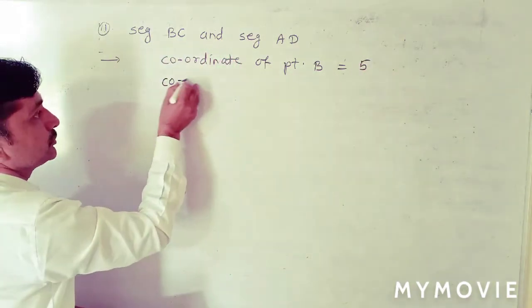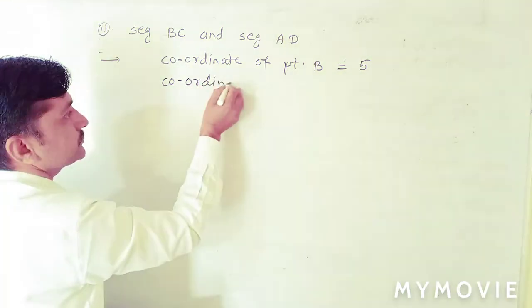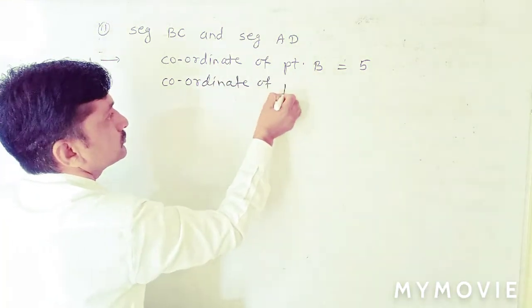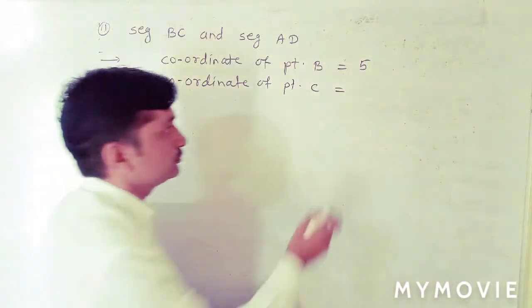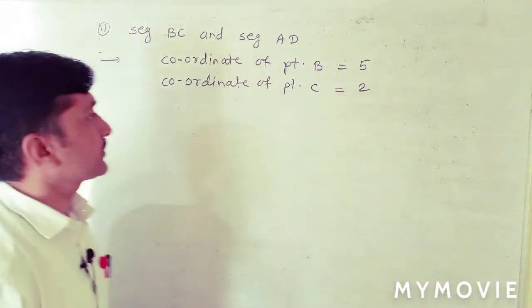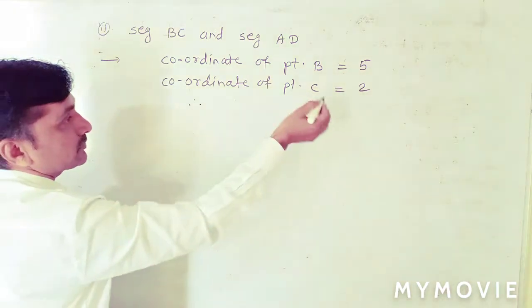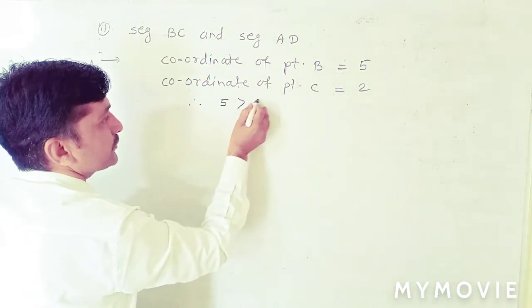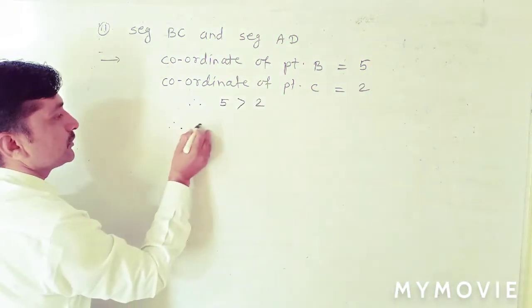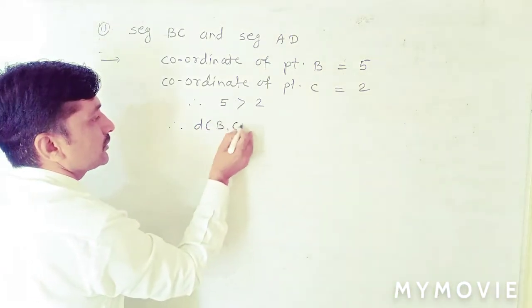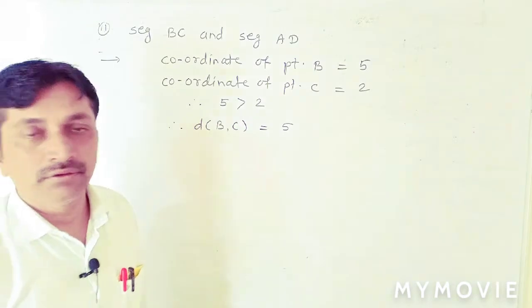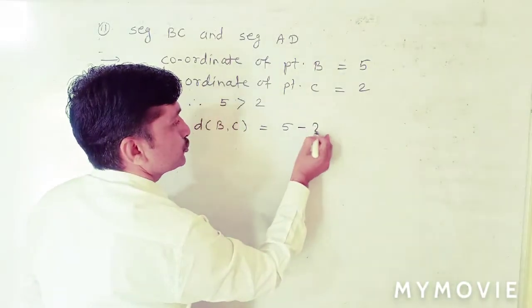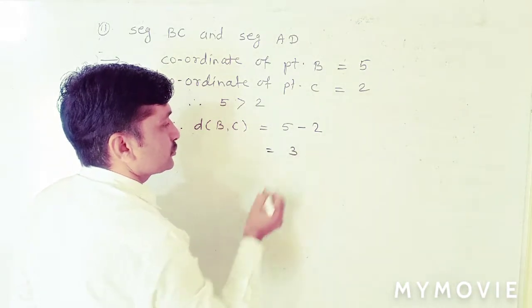Now for C, coordinate of point C is given, 2. Therefore compare them. 5 is greater than 2. Therefore distance BC is equal to bigger coordinate 5 minus smaller 2, and distance is 3.